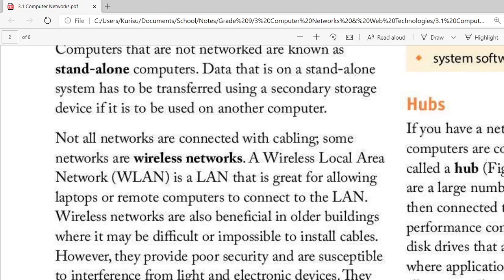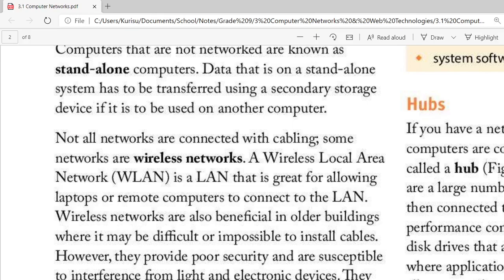A wireless local area network, WLAN, is a LAN that is great for allowing laptops or remote computers to connect to the LAN. Wireless networks are also beneficial in other buildings where it may be difficult or impossible to install cables. However, they provide poor security and are susceptible to interference from light and electronic devices. They are also slower than LANs, even when connected using cabling.